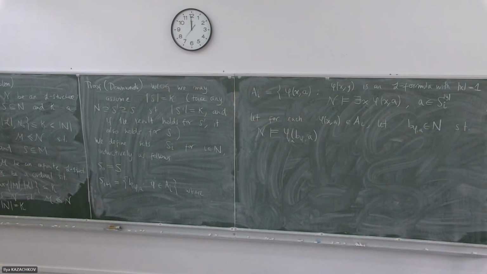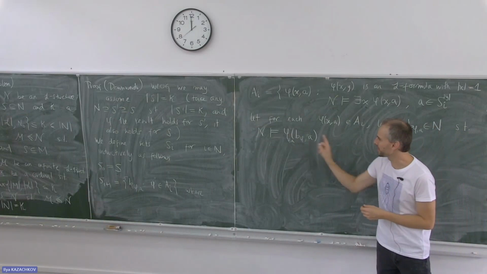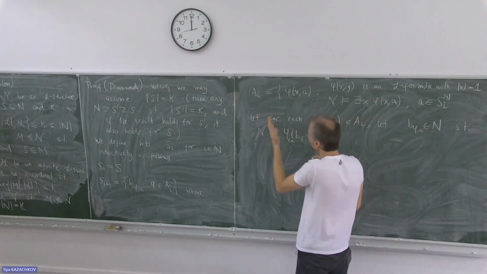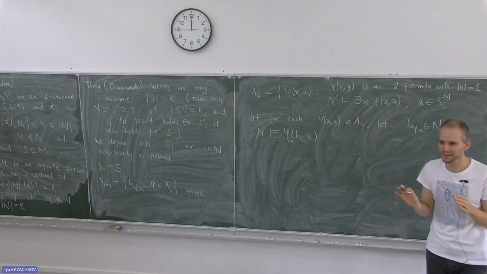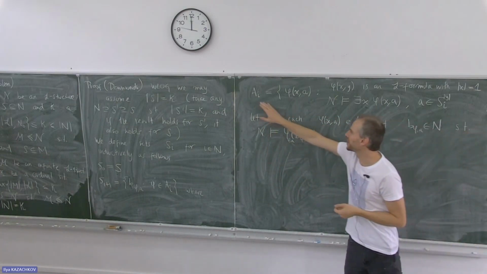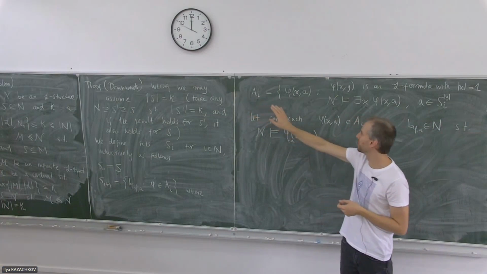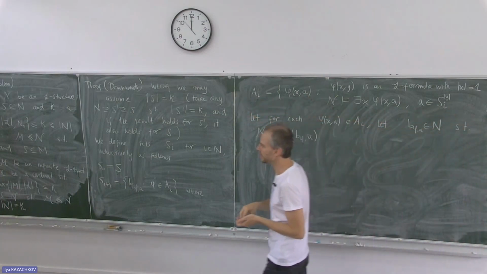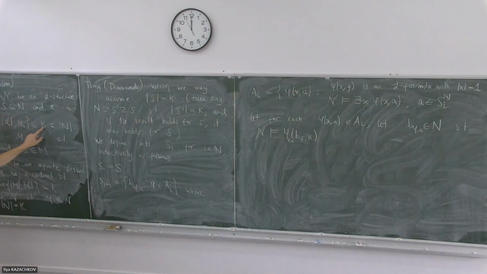I need exactly just one for each formula. And we need to do some counting about how big these sets are. But the number of formulas and the number of elements of S_i are always going to be bounded by kappa. And in this way, this procedure will never exceed kappa.